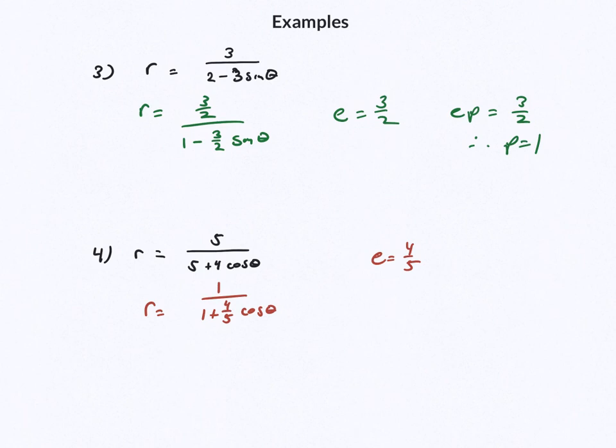And now I need to find out what p is. Well, I know that 4/5 times p is equal to 1. So therefore, p would be equal to 5/4. So on this problem, we have a vertical directrix. The directrix on this one is going to be x equals 5/4. The focus, again, is the pole, and we have an ellipse.